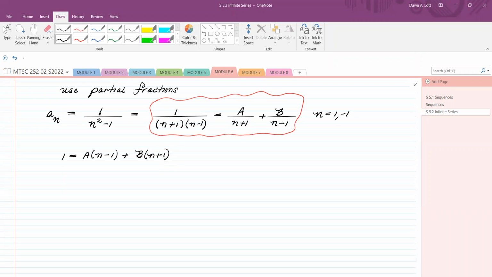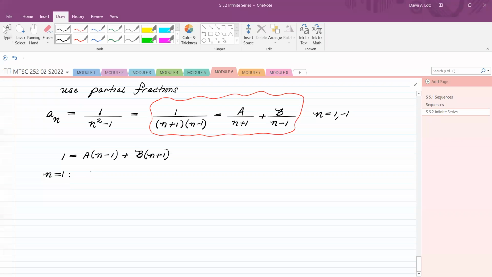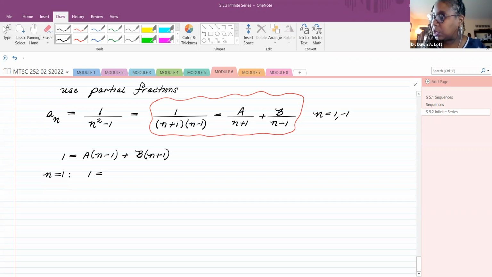So if you let n equal 1, what do you get, Brian? You just get 0. Okay, so 1 is equal to A times 0 plus B times 2. So we get B is equal to 1/2.